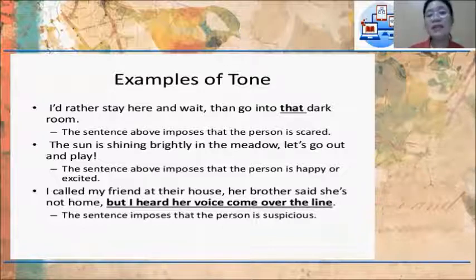Okay, the sentence imposes that the person is happy or excited. Then, "I called my friend at their house. Her brother said she's not home, but I heard her voice come over the line." And this sentence imposes that the person is suspicious. So these are examples of tone.